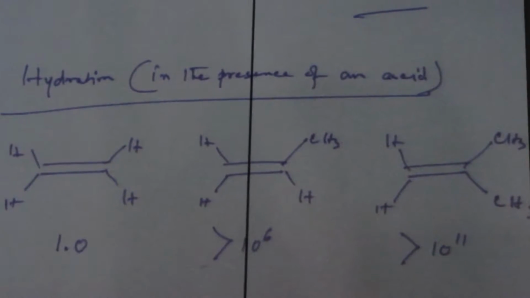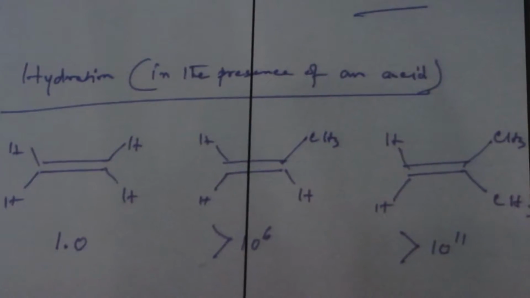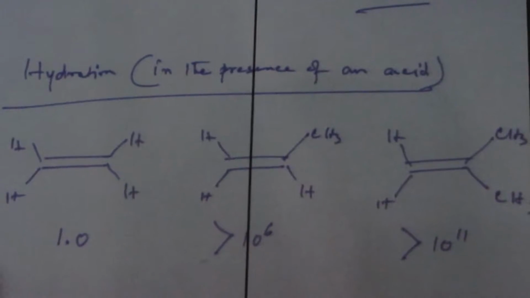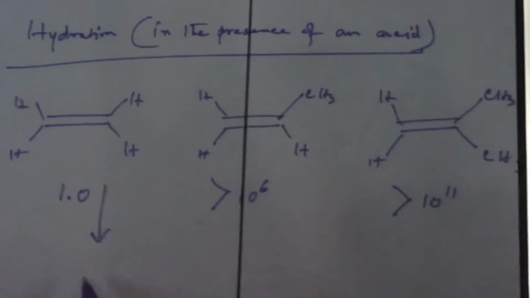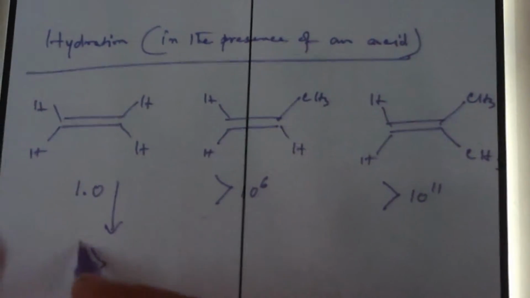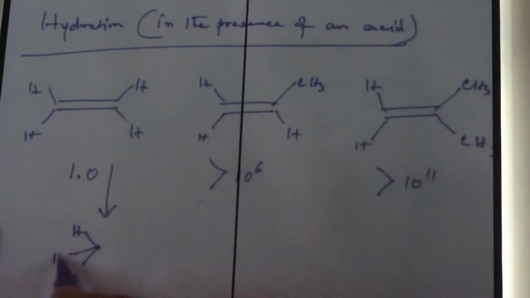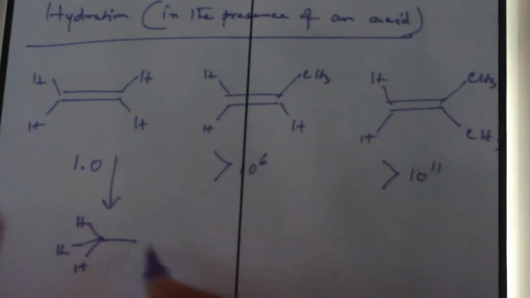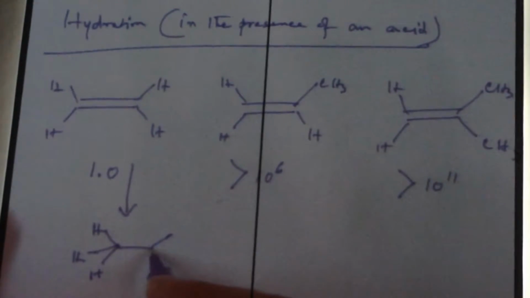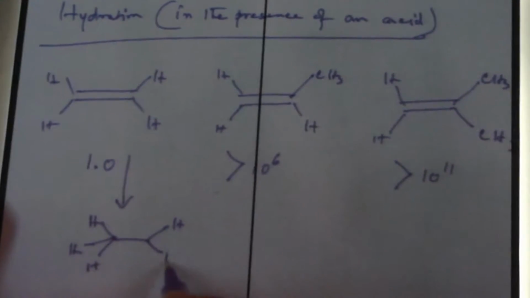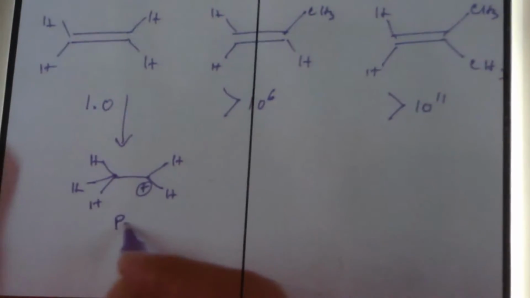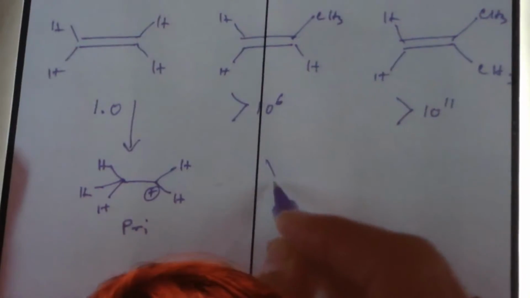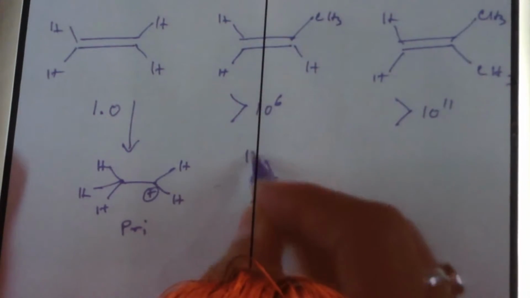Why? The reason is the stability of the carbocation, because in each case, the first stage generates the formation of a cation. This is primary. In the second case, it is secondary.